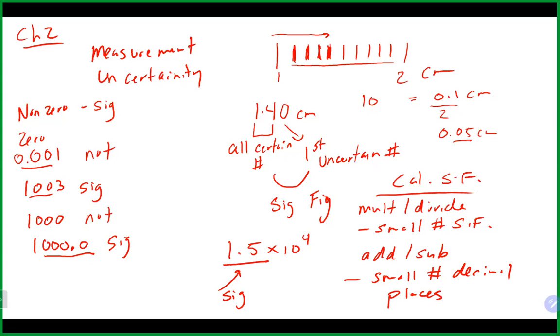Also, a big part of this chapter was conversions, right? And dimensional analysis. That is where we take any type of equality, like 12 inches equals 1 foot, and we can write 2 conversion factors for them.